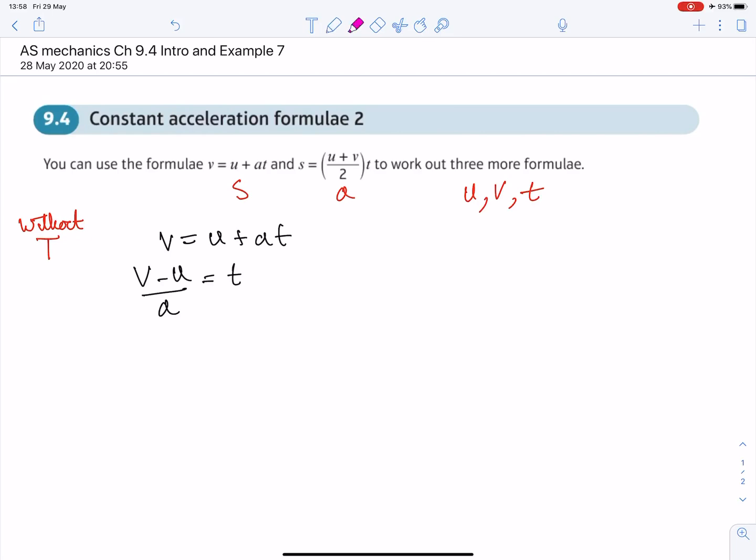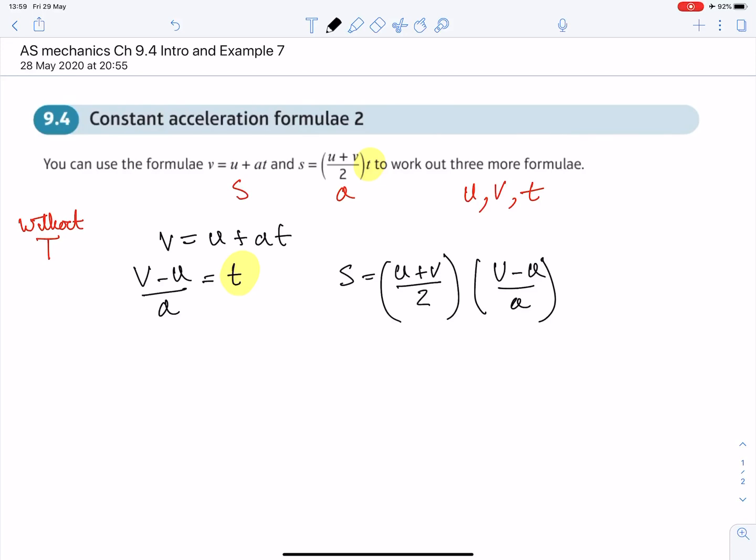And now we can substitute in for t into this equation. So when we substitute in, we're going to have s equals u plus v over 2 times t, which is v minus u over a.